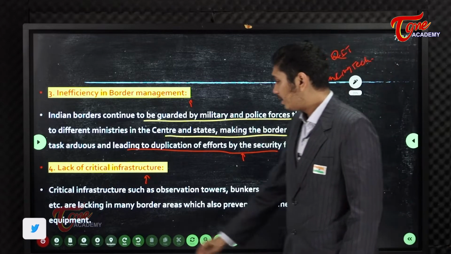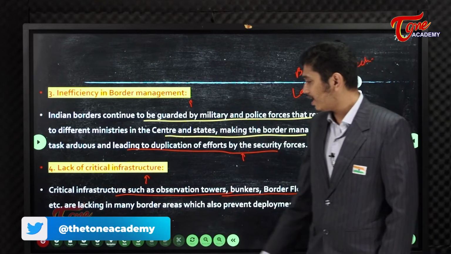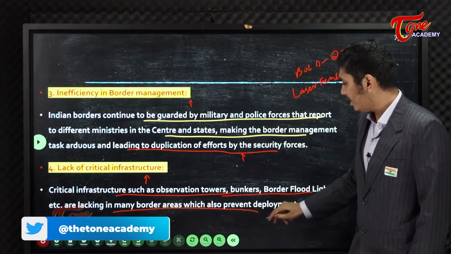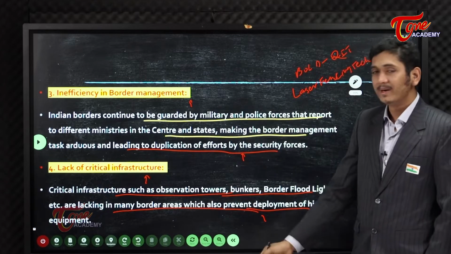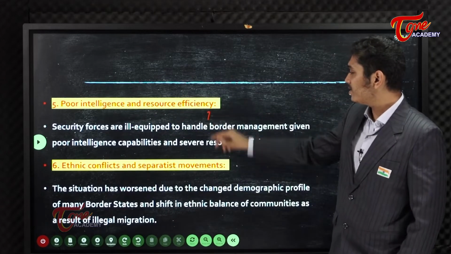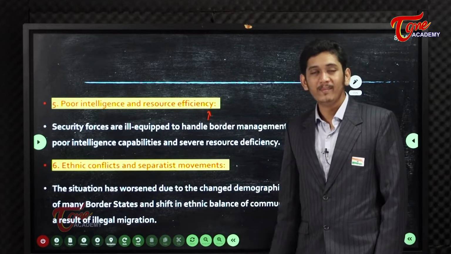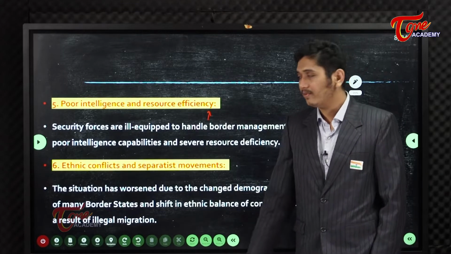Critical infrastructure such as observation towers, bunkers and border floodlights is lacking in many border areas, which also prevents deployment of high-tech equipment. We also have poor intelligence resources at the borders, especially in the Northeast. Though we have the IB, the intelligence gathering is not very high.